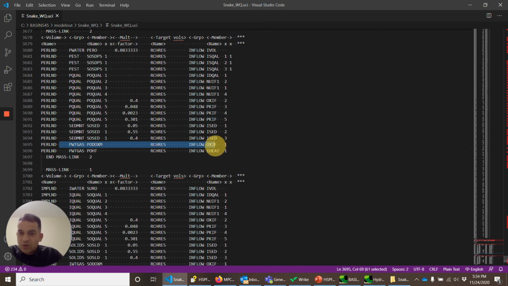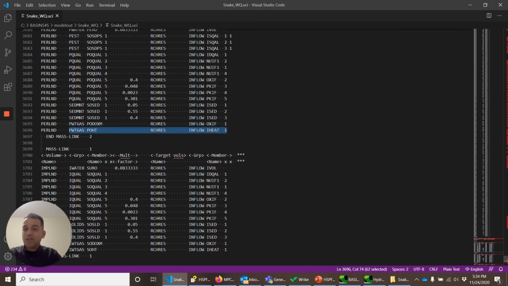All the dissolved oxygen simulated on the surface goes as DO, and all the heat simulated on the surface goes into IHEAT in the RCHRES. So all the volume and mass of all of these constituents goes into the RCHRES through this Masslink table.